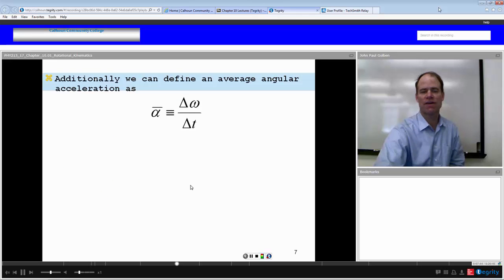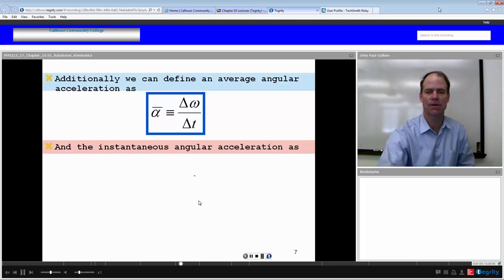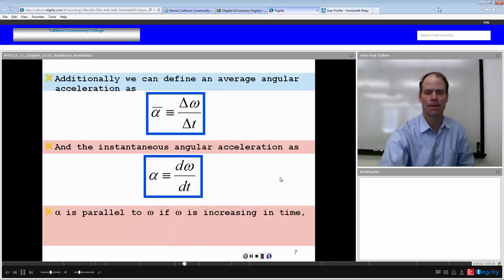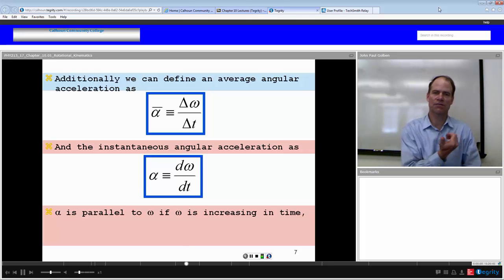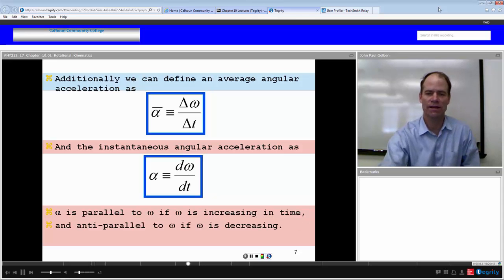We can also define an average angular acceleration, alpha bar, as being our change in angular speed over a change in time, and hence our instantaneous angular acceleration is the infinitesimal change in speed in the infinitesimal amount of time. This angular acceleration is parallel to the angular velocity if the angular velocity is increasing in time, and 180 degrees anti-parallel to the angular velocity if the angular velocity is decreasing in time.